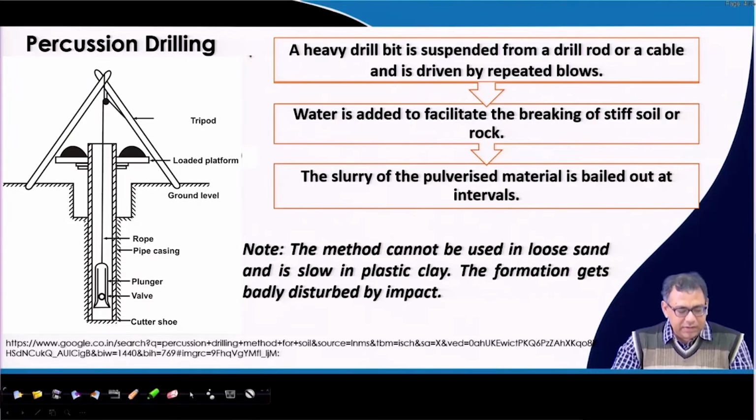That means, as the water is added and the slurry is bailed out at intervals, the boring advances.